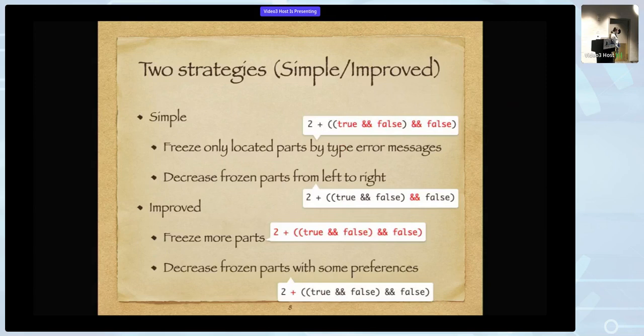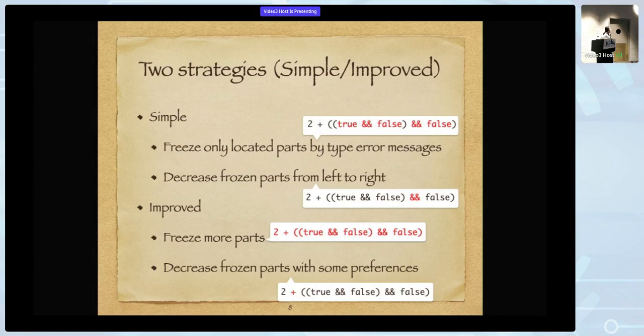So for treating such problems, we introduce another strategy. The simple strategy means the previous strategy I taught, and the improved strategy is a bit improved. In the simple strategy, the freeze increasing phase is just freezing only the paths located by type error messages.